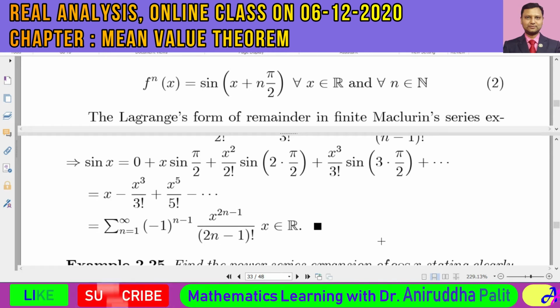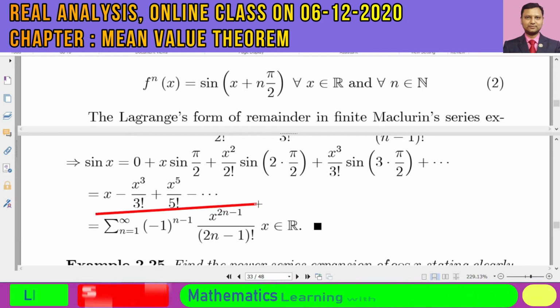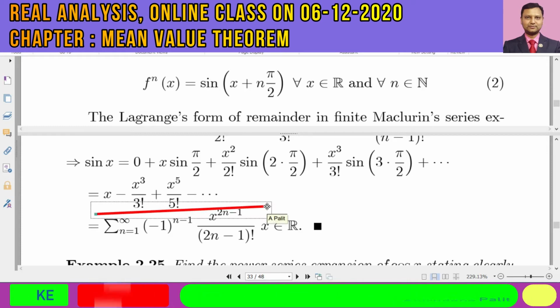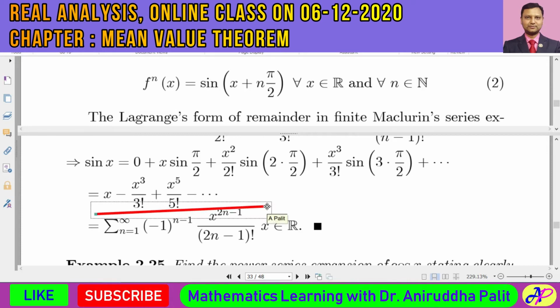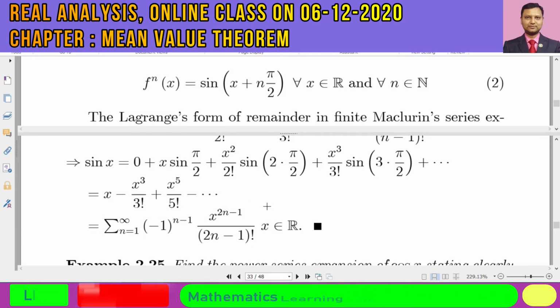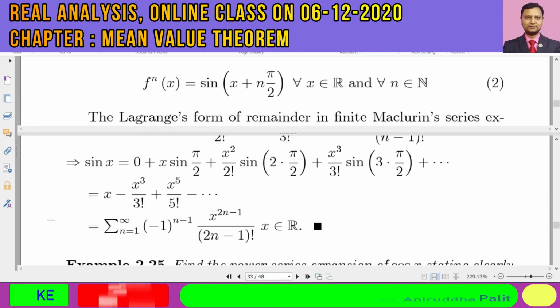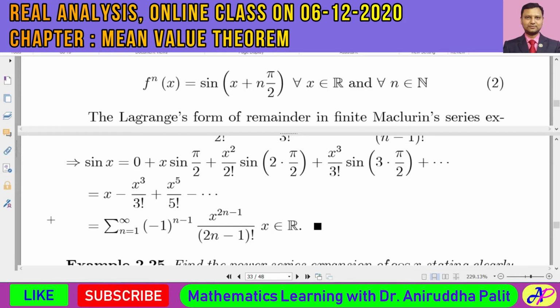So this is the expansion of sine x that we consider in different problems of mathematics, and probably you got this kind of result from some other perspective in your lower classes, but this can also be deduced for all values of x in this fashion with the help of Maclaurin's infinite series.